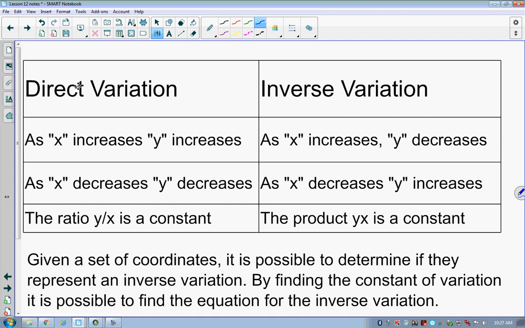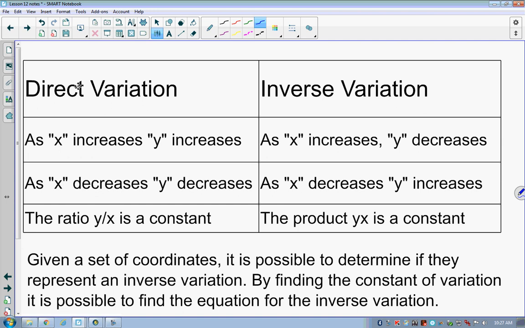In direct variation, as x decreases, y decreases. They both go down together. Just because I have kids, I think about the cost of clothes. The smaller the clothes, typically the price goes down, right?